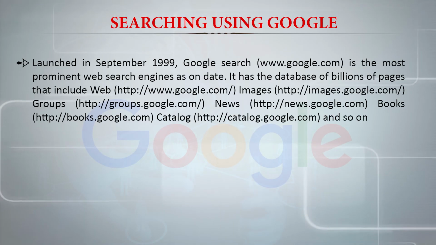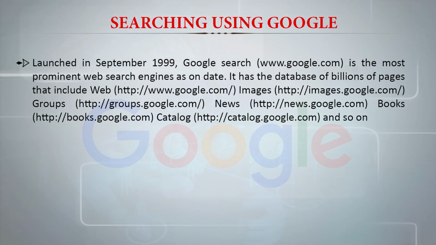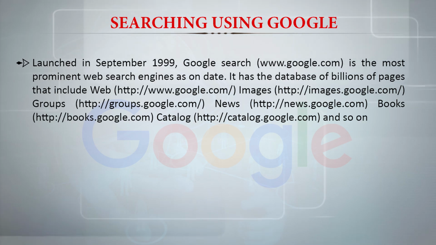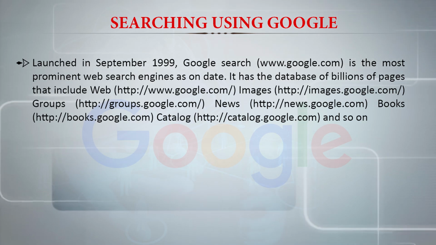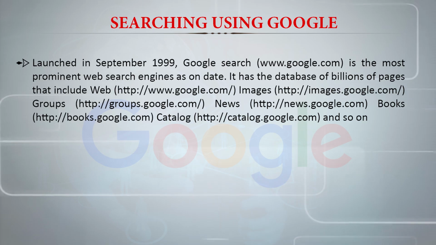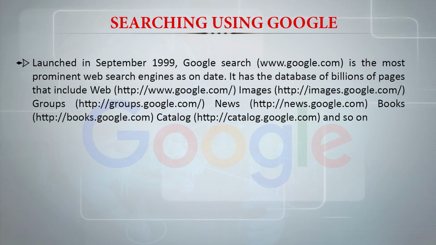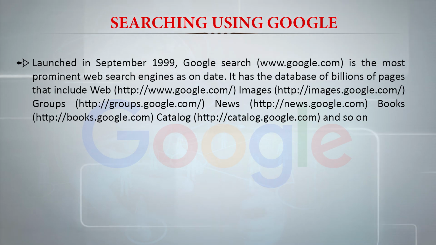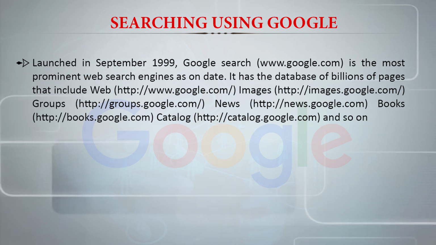Google was launched in September 1999 and Google search is the most prominent web search engine as of date. It has a database of billions of pages that include the web. Then we can search for images on Google using images.google.com. We can search for groups as well as create groups and use them for different purposes using groups.google.com.